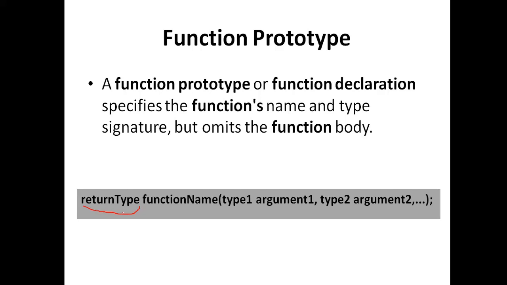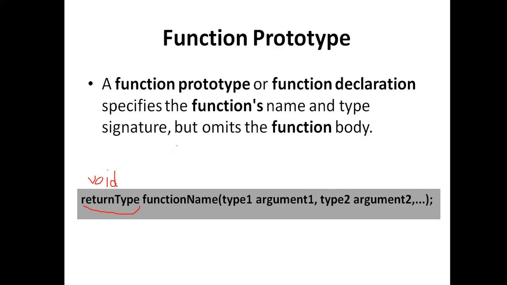What was that? Right, void. Void can be another return type which indicates this function is not going to return anything. If I give the return type as void, that means the function is not going to return anything.